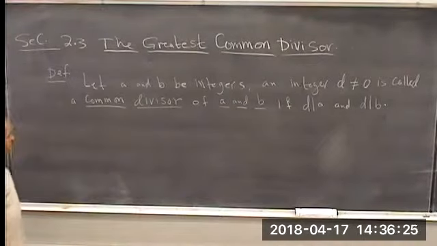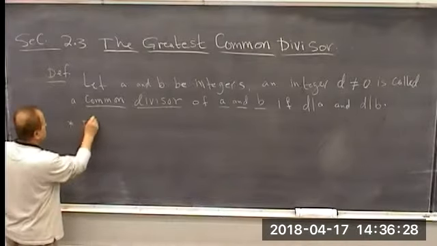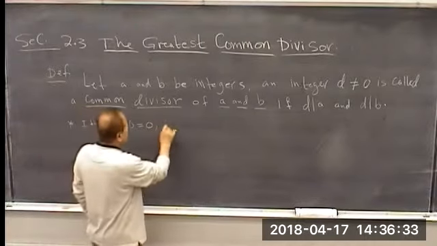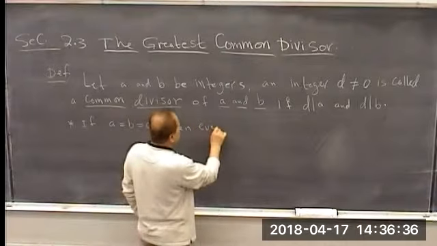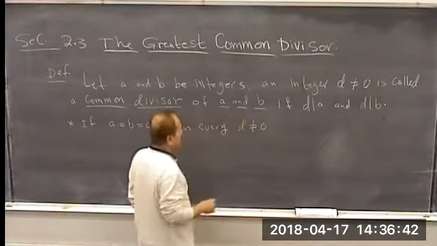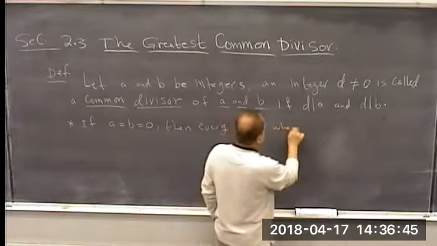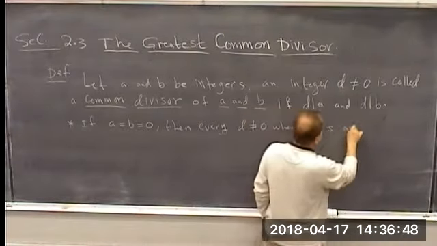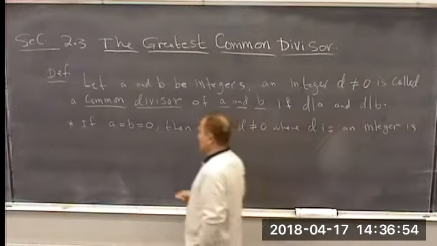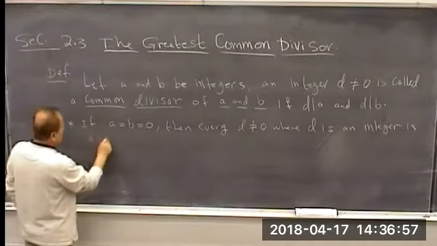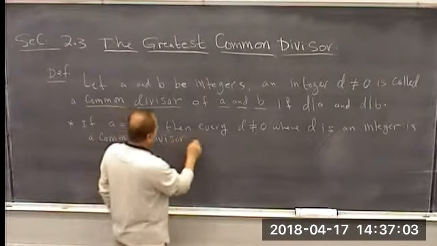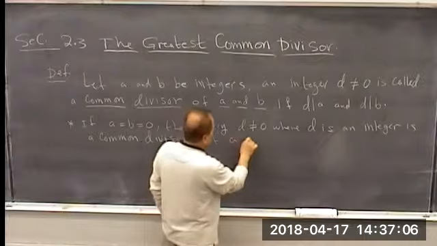First, let's start with this. If a is equal to 0 and b is equal to 0, then every d, where d does not equal 0 and d is an integer, is a common divisor of a and b.